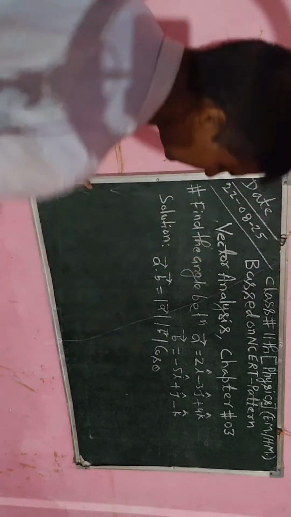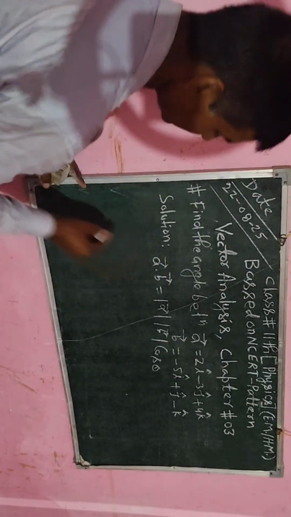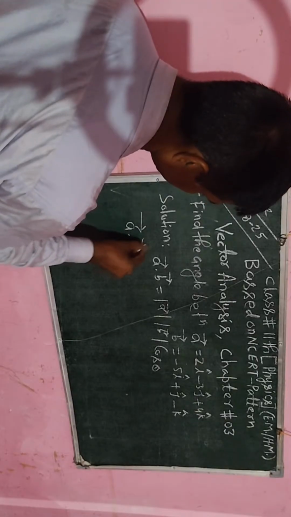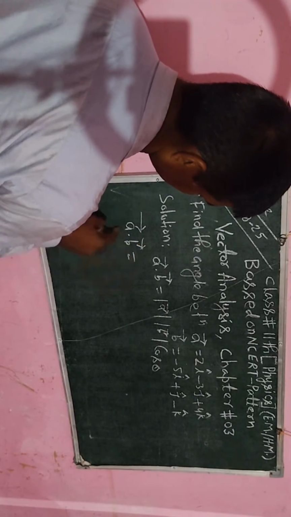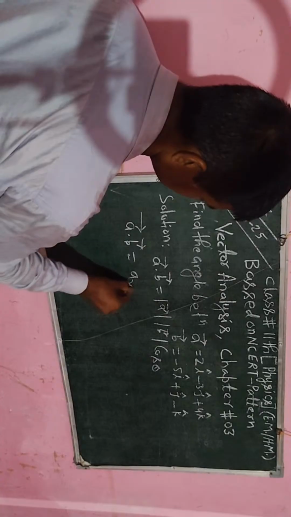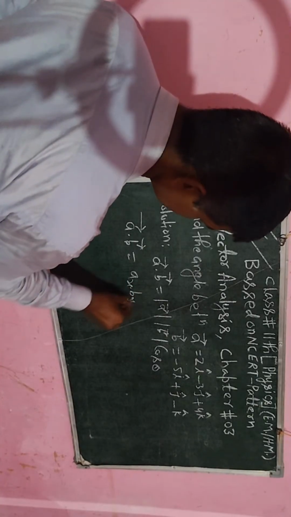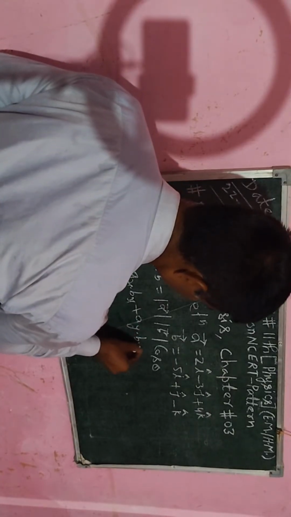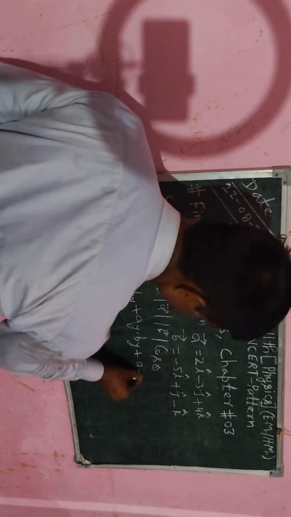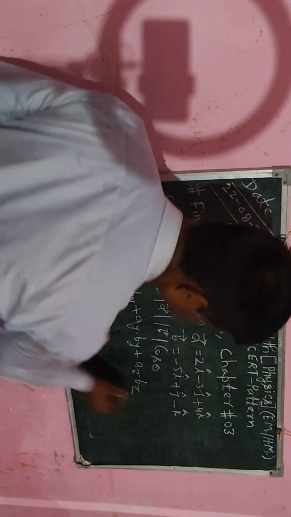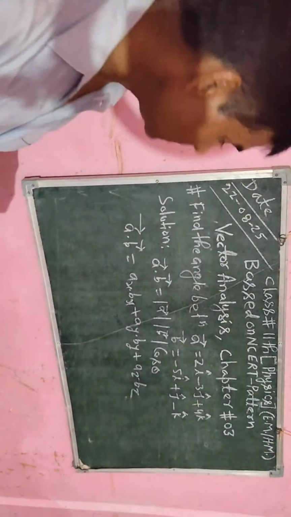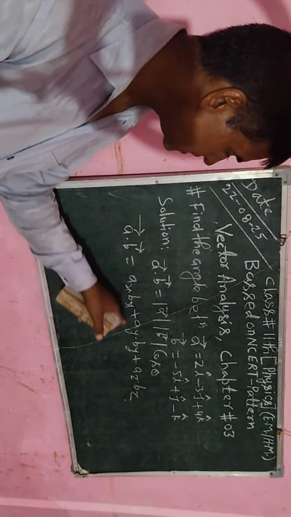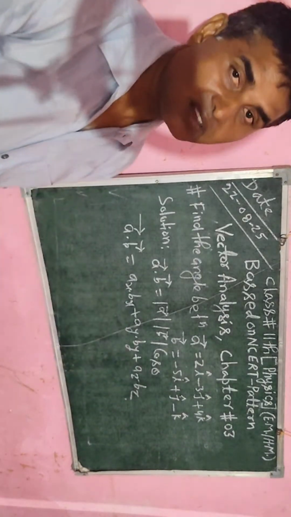Now vector A dot vector B, I have already written the formula previously: vector A dot vector B is equal to AX into BX plus AY into BY plus AZ into BZ. Okay students, look at it properly.